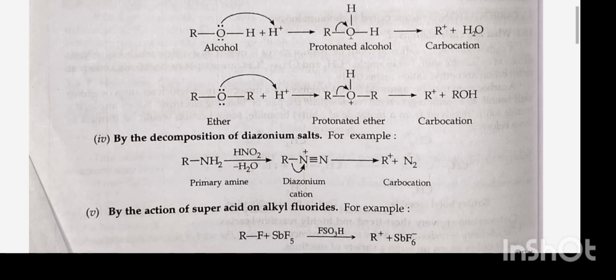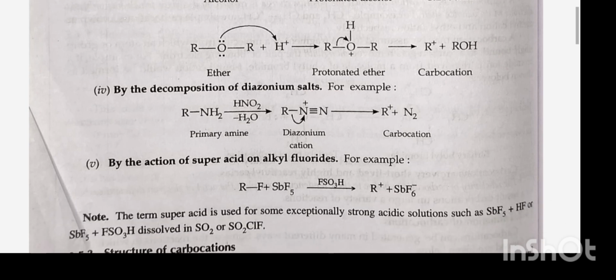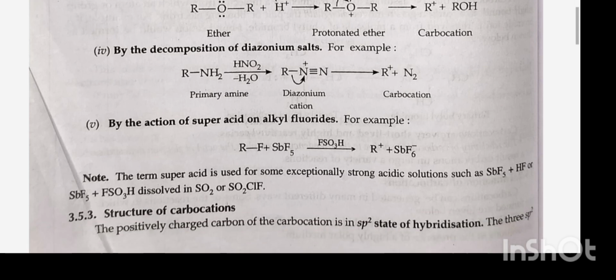By the decomposition of a diazonium salt, for example, a primary amine in the presence of HNO2 gives a diazonium cation, which changes into a carbocation. By the action of a superacid on an alkyl fluoride, for example, alkyl fluoride plus superacid SbF5 in the presence of FSO3H gives carbocation plus SbF6 negative.